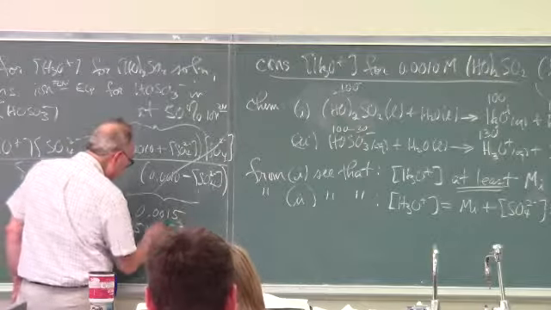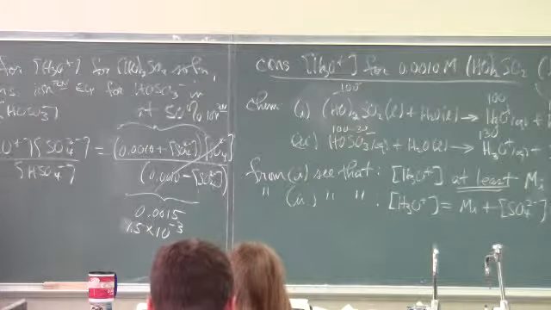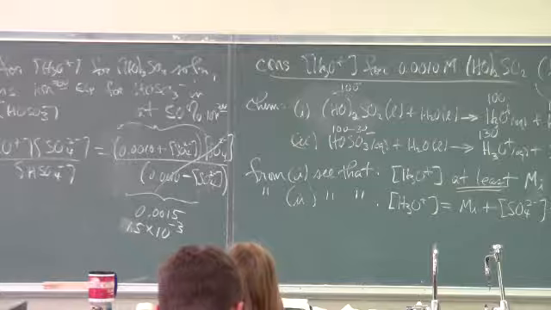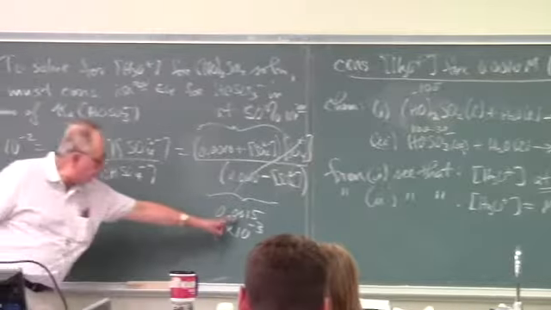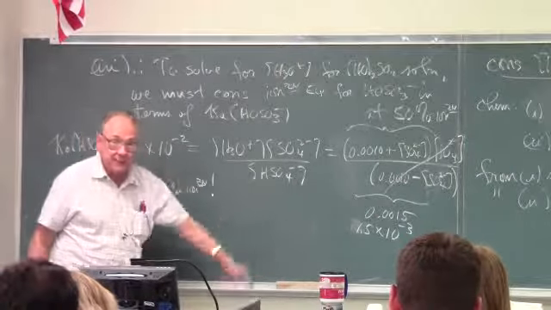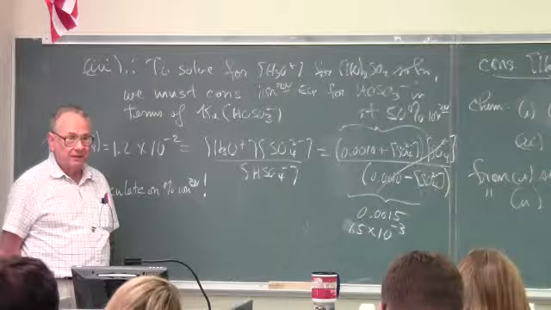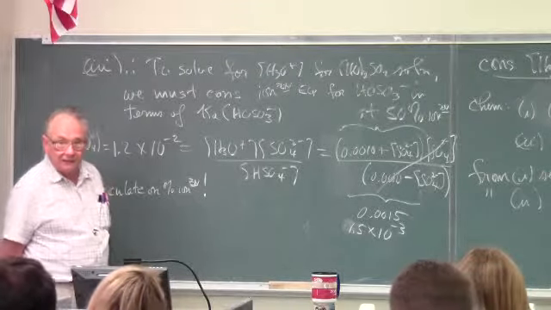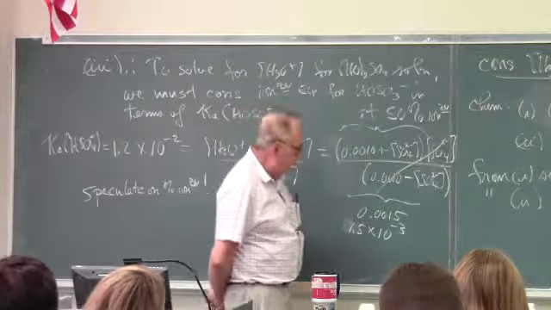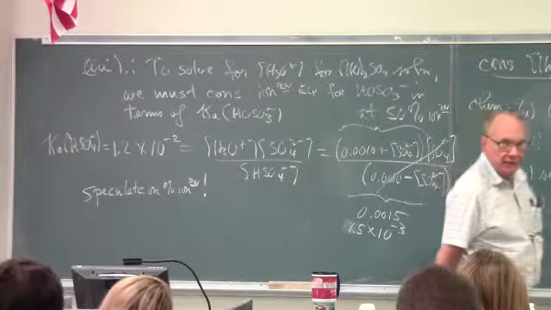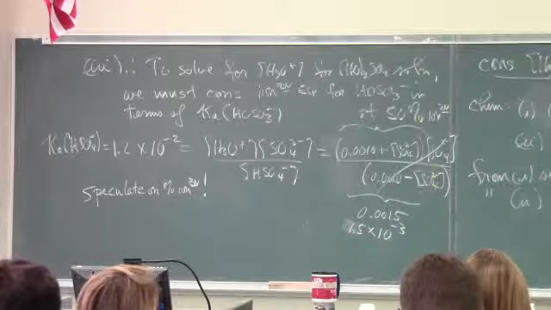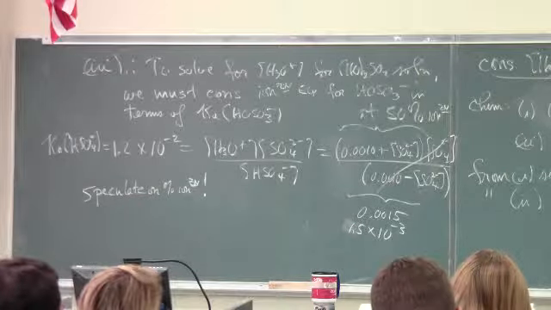Scientific notation is 1.5 times 10 to the minus 3. Now, a number of you, when I asked how does this compare to this, told me that's bigger. Come on. That's no good. You got to let these numbers talk to you. When you see these numbers, you got to read them in your mind and ask yourself, what does this mean? That's the way the number talks to you.